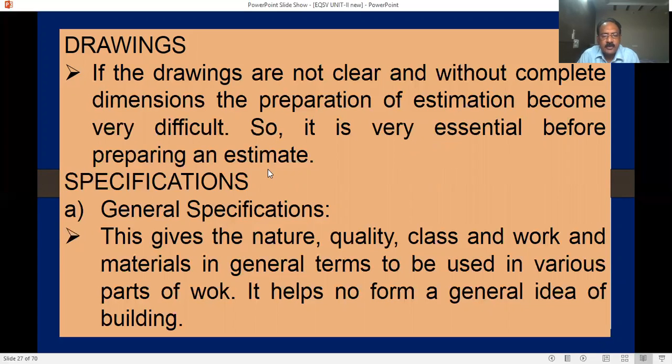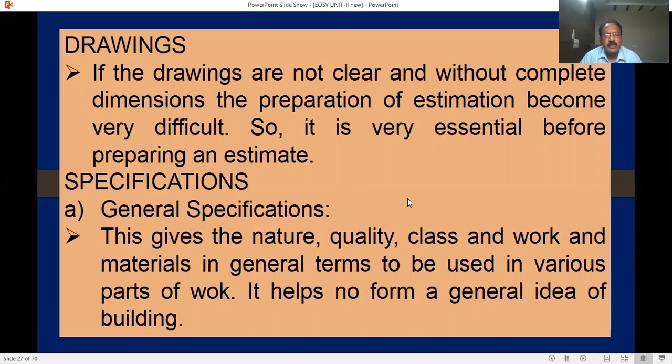If you have a general specification, it says use cement of 43 grade or 53 grade, or some particular company, like Birla, Orient, or Ramco. There are many types of cement, and general specifications give the grade, what steel you have to use, and the sizes of foundations, columns, RC.